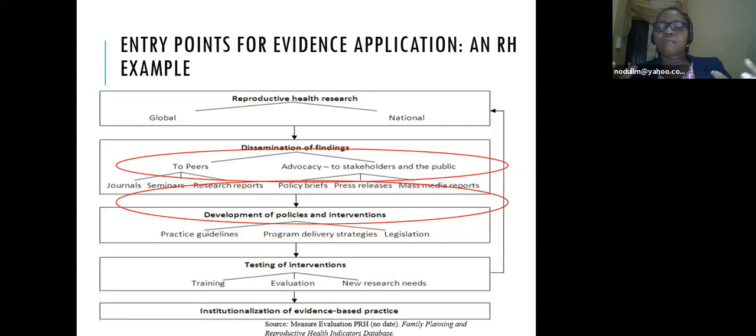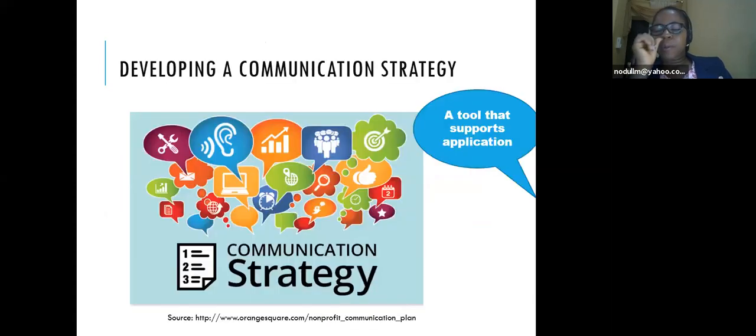Then we have evidence-based practice being institutionalized. There is an important tool that we need to support use of evidence or application of evidence in policy making. That's communication strategy. Because we know that communication strategy is very important in all that we do around development.